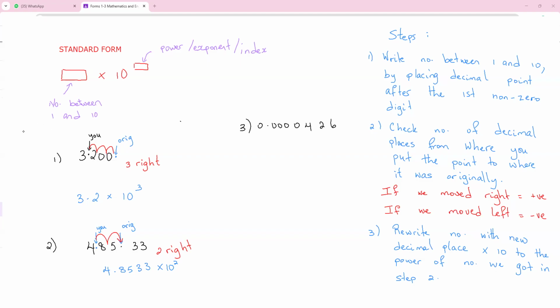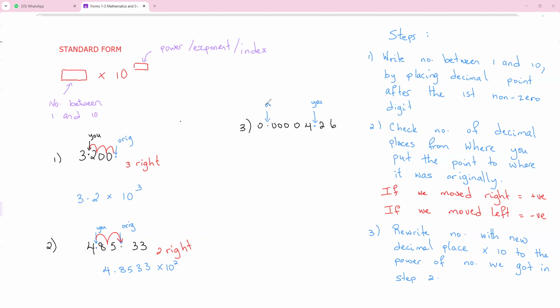In mathematics, there are some rules that we have to remember. So your first step, write the number between 1 and 10 by placing the decimal point after the first digit that is not 0. In this number, the first digit that is not 0 is 4. So we're going to put a decimal point after it. This is where you put the point.